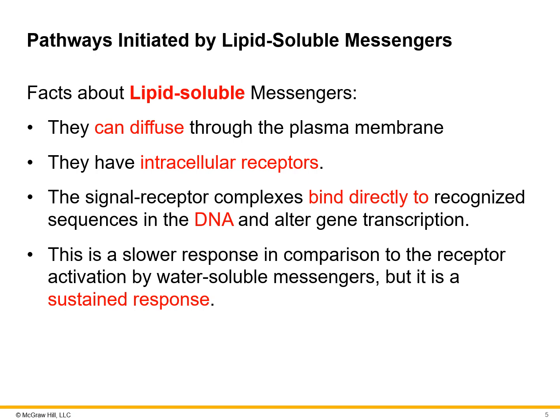They have intracellular receptors. Instead of those receptors that sit on the outside of the cell, these receptors are inside of the cell. The signal receptor complex binds directly to recognized sequences in the DNA, and they can alter gene transcription. What is gene transcription?